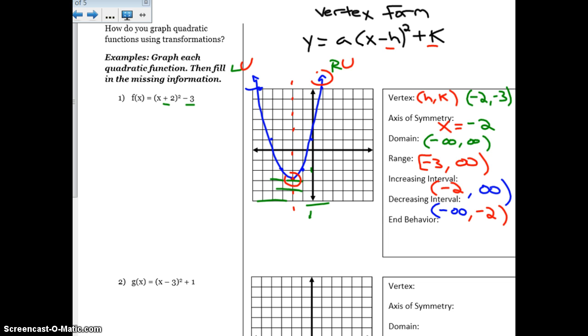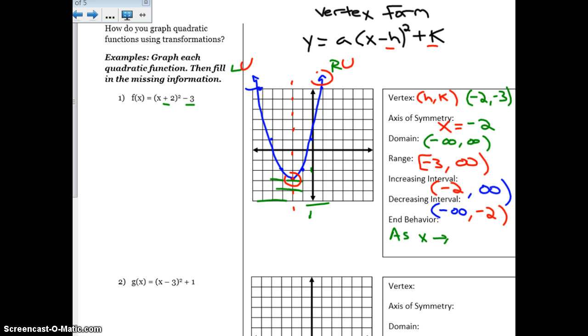Now, end behavior is another instance where you're making an observation of something. We always write this part for end behavior as x approaches, so we use this arrow for the word approaches. And first we're going to look to the left, which is towards negative infinity.